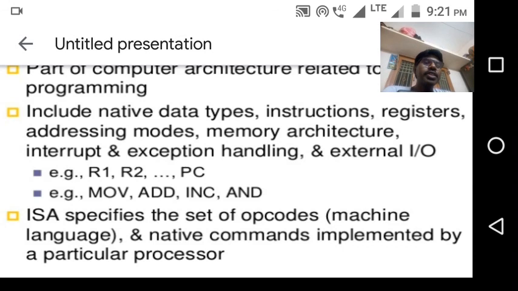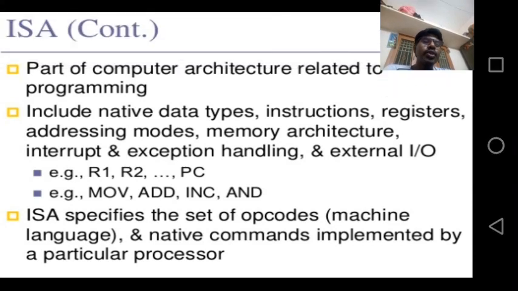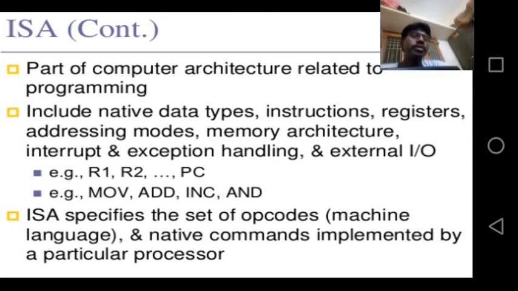Next we have external IO, that is R1, R2 to PCR registers, move, add instructions. ISA, instruction set architecture, specifies the set of opcodes, machine language and native commands implemented by a particular processor. This is important.